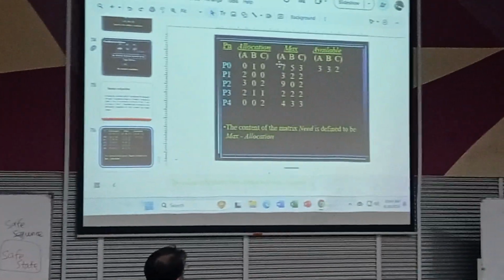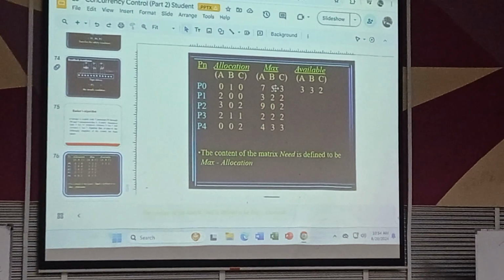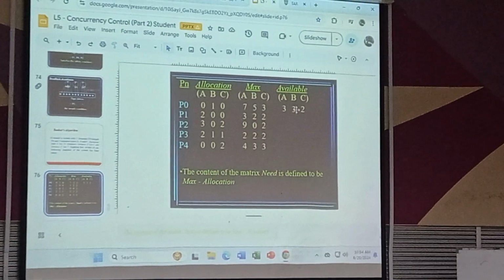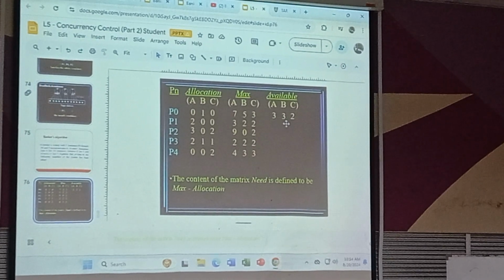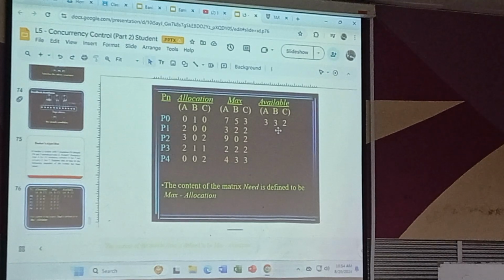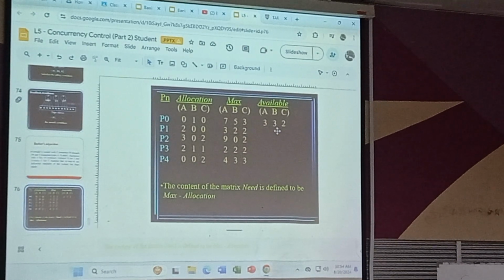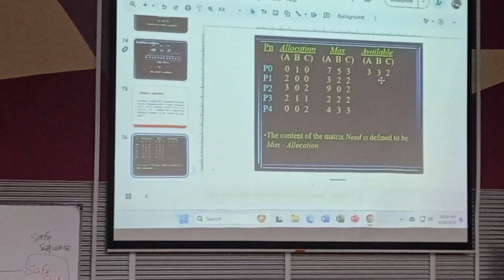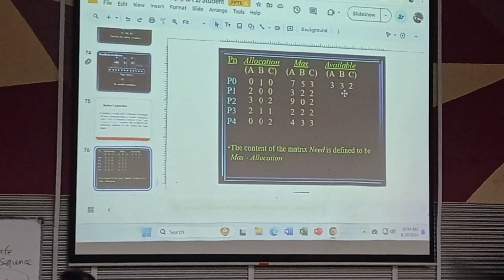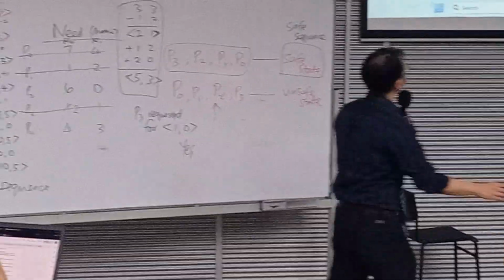So this allocation is a maximum need. What you need to do is find the need matrix, and then find the initial available. Initial available is the total of your resources, and then subtract the allocation, and then you get the initial available, which is 3 3 2.